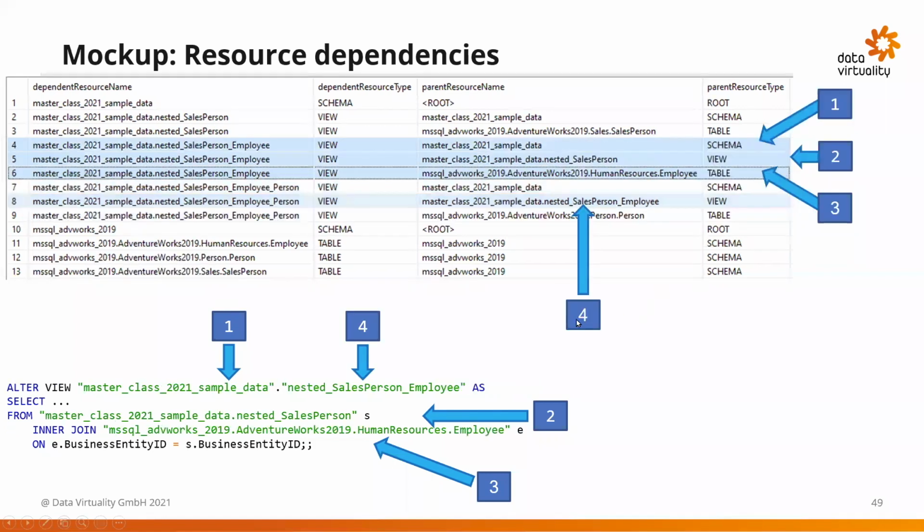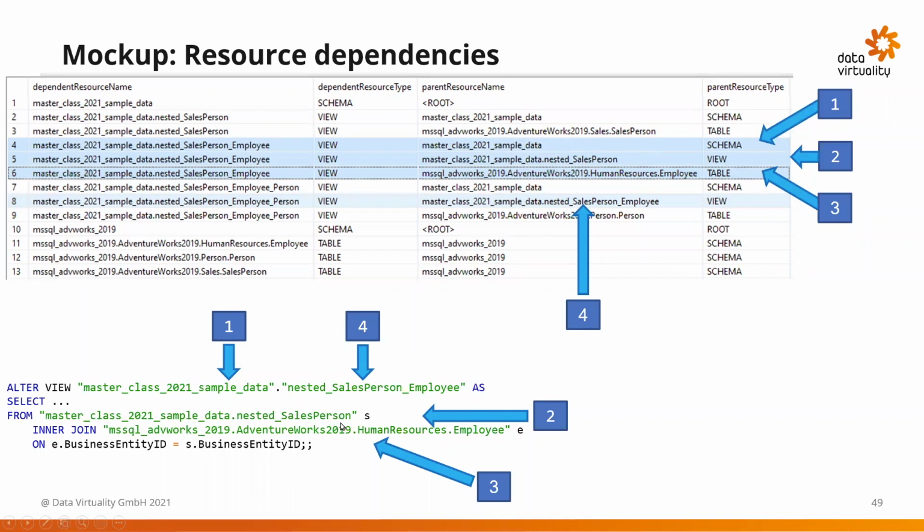So as we continue down, the next one, we look at number 4, right? We're looking at the definition of salesperson employee. So again, this is recursing back, right? We're looking at number 1, which is the dependent resource. It depends on the schema. It also depends on this view, number 2, which is nested salesperson.